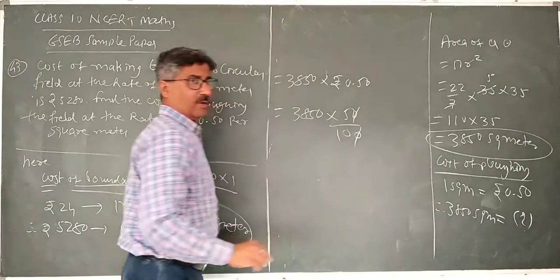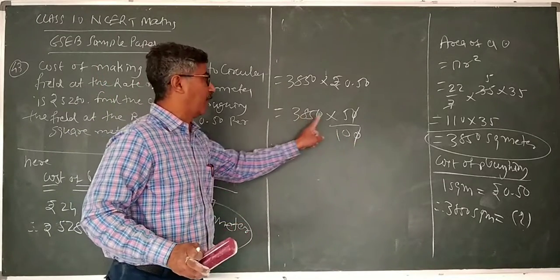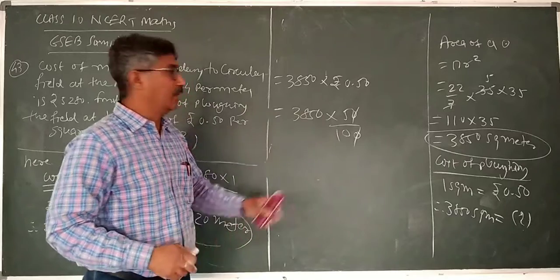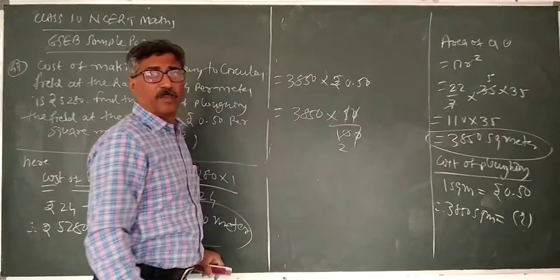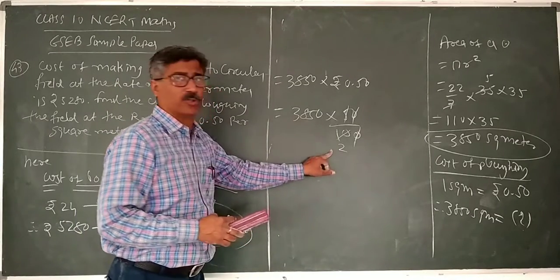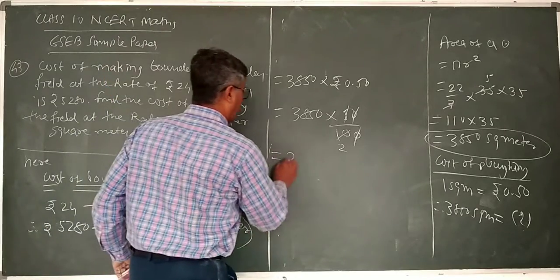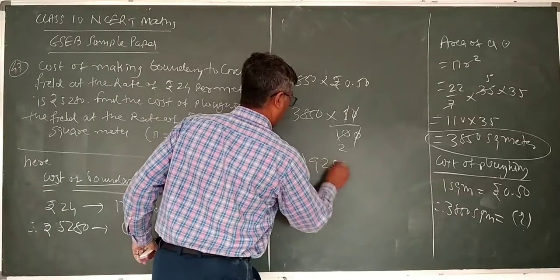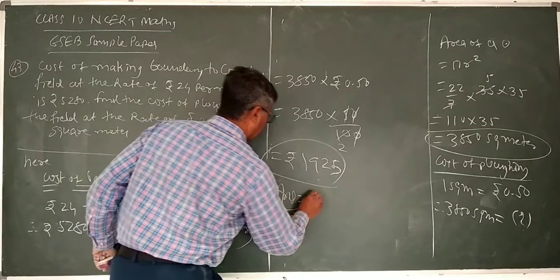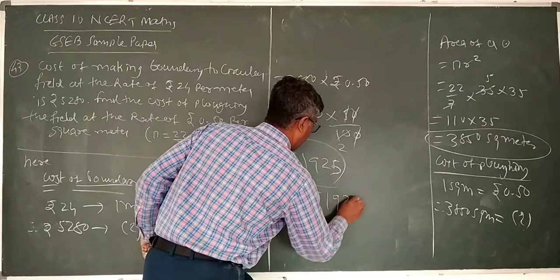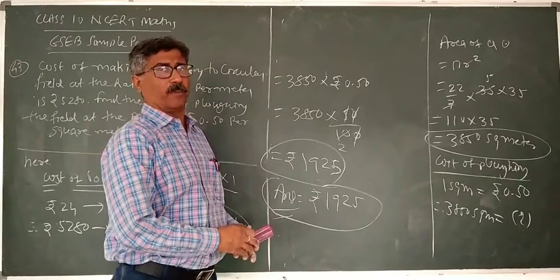Now to do the easy calculation, we can cancel 0 and multiply 3850 by 5, and another way, you can cancel this 10 and write 5 twos are. Now you divide 3850 by 2. It is an easy way. You will get 1925. Answer: rupees 1925. This is the cost of ploughing the field.